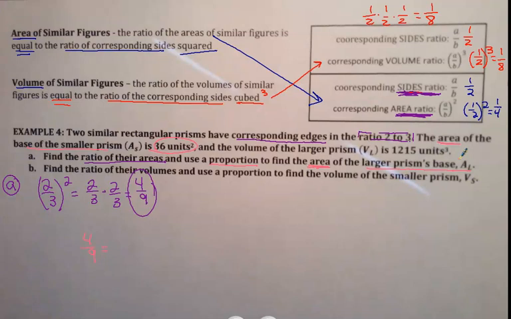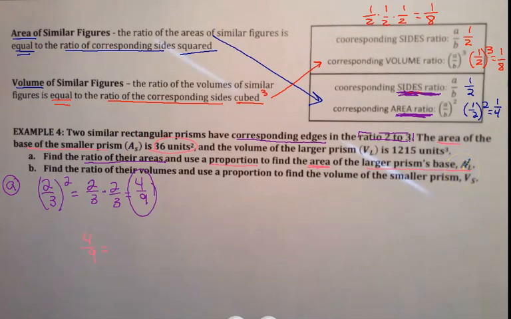Okay, but that's a V. The volume of the larger prism is V. So they gave us multiple pieces of information. That's a good call. They gave us the smaller prism's area, and we have to find the larger prism's area.